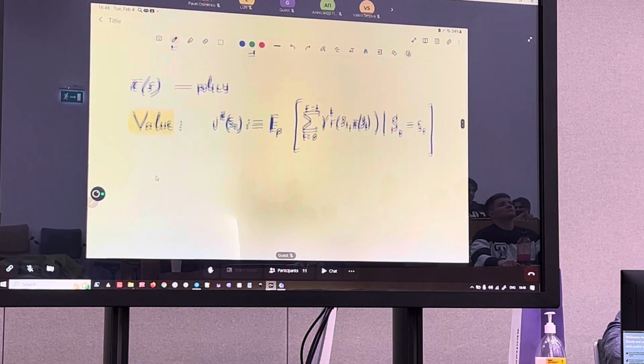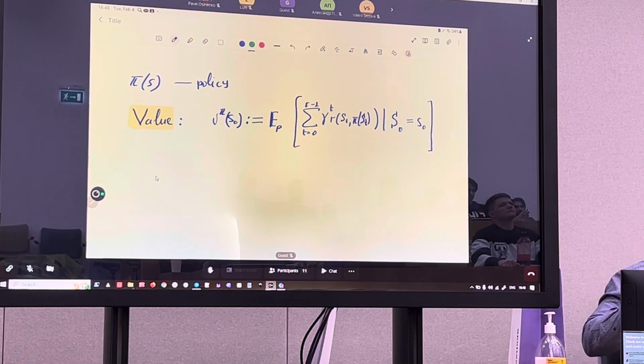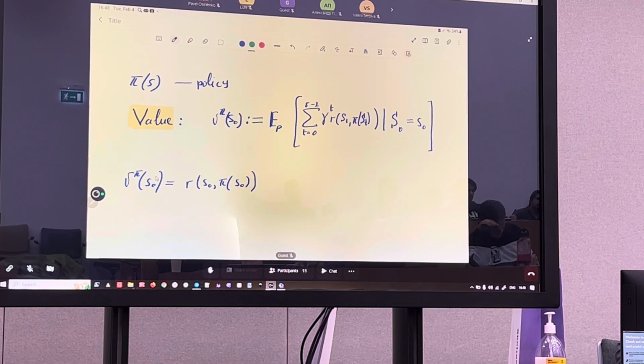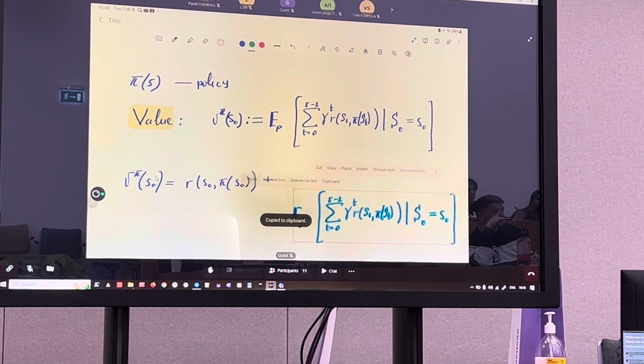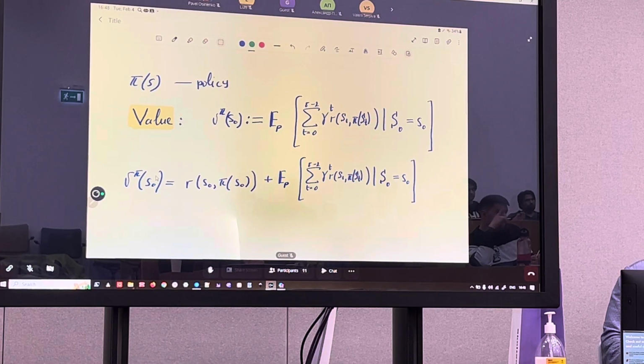All right. So as promised, let's just split. So now we just split. So V pi of s naught would equal r of s naught, pi of s naught, plus the same thing, except that here we need to do some refinements.